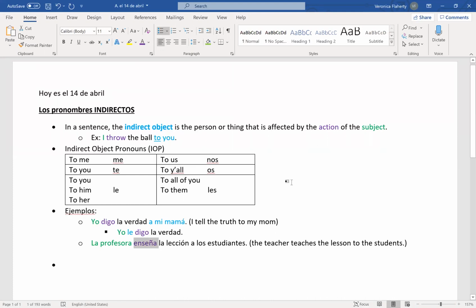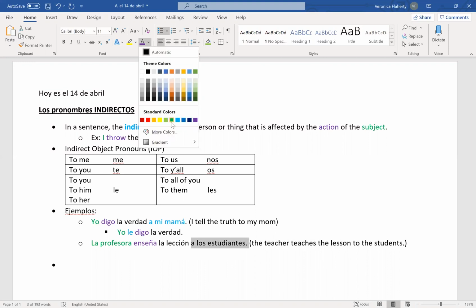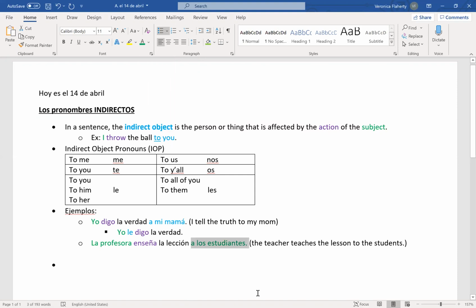And the indirect object? A los estudiantes. So now instead of saying to the students, we're going to say she teaches the lesson to them. So what are we going to replace los estudiantes with? Les. And where is it going to go? Before enseña, exactly.